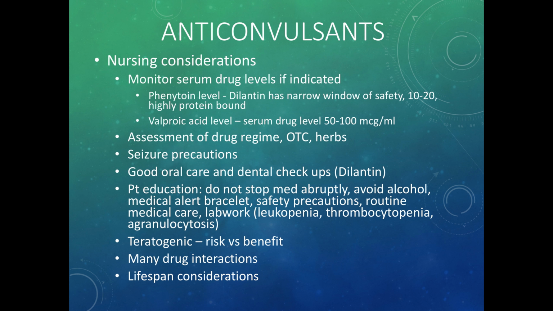And then many of the anticonvulsant drugs have a low margin of safety and require close monitoring and assessment. Phenytoin particularly needs to have CBC drawn because patients can have leukopenia, thrombocytopenia, and agranulocytosis. Any patient who's required to be on long-term seizure drugs, we have to make sure we do a good assessment of the possible drug-drug interactions.